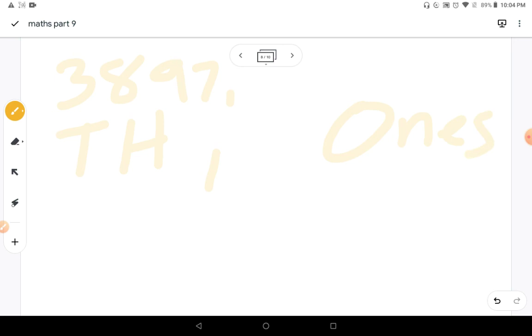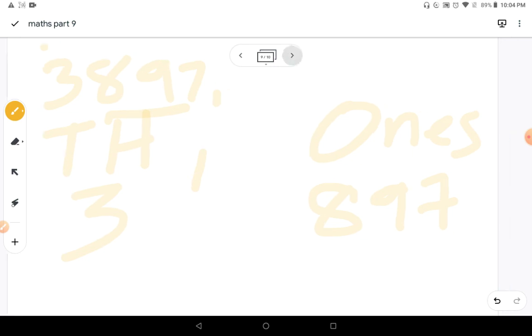Now what is the thousand value? Thousand value is 3. Then you have to represent the remaining in ones. So how many ones? The whole remaining number, that many ones. So it is 897 ones. Understood? So this is how you have to represent the numbers, converting them into the given format.